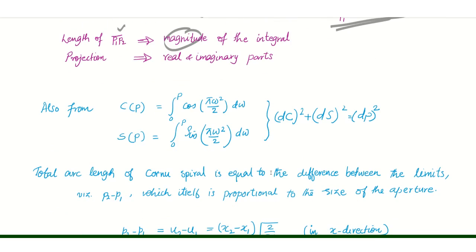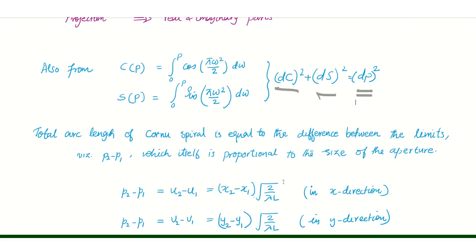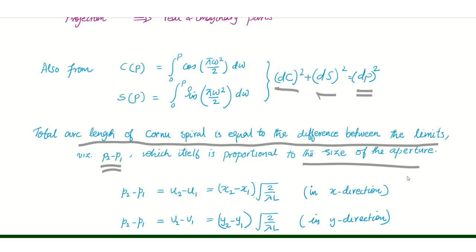Also we can say that dc square plus ds square is equal to dp square. And therefore the total arc length of Cornu spiral is equal to the difference between the limits, that is p2 minus p1, which, as you know, is proportional to the size of the aperture.